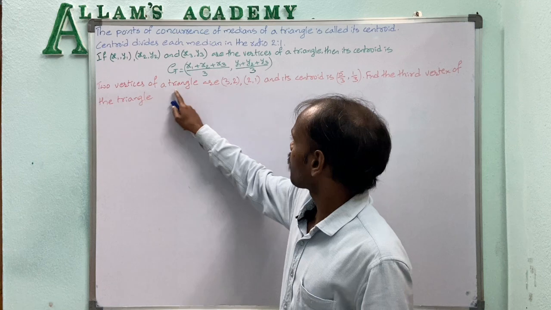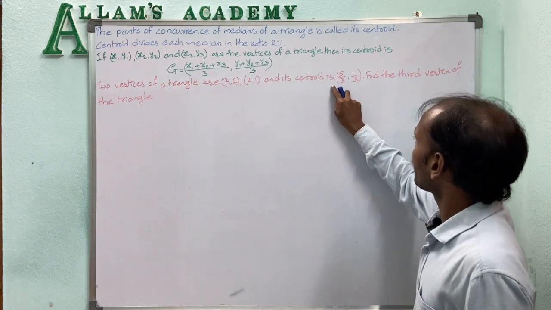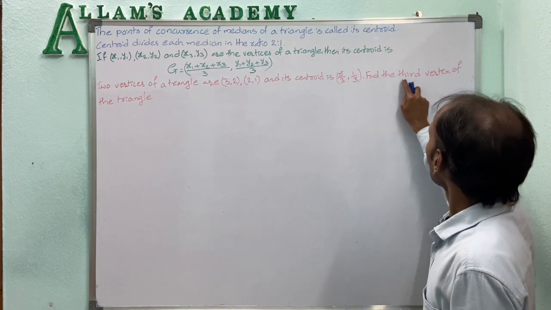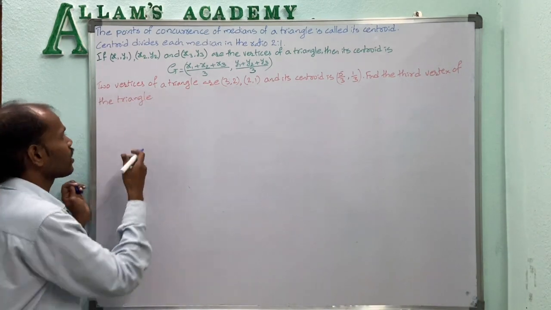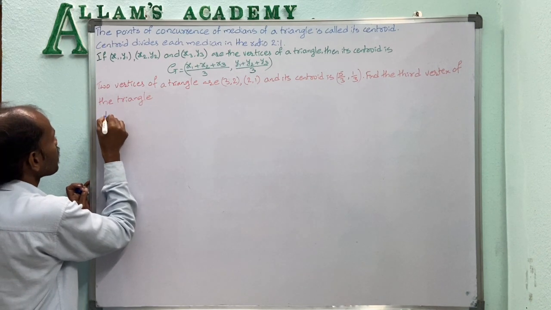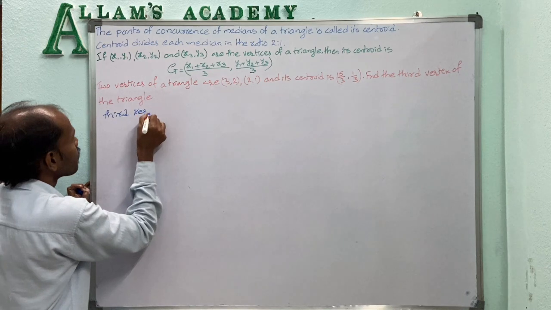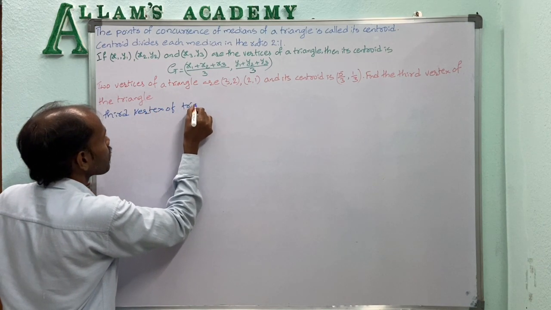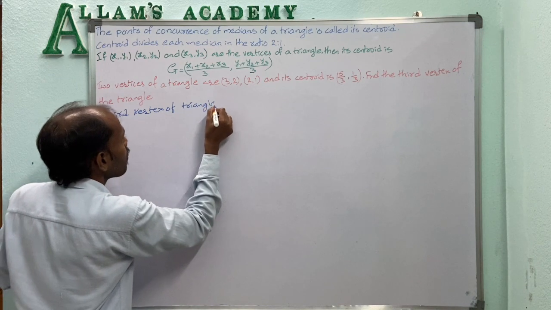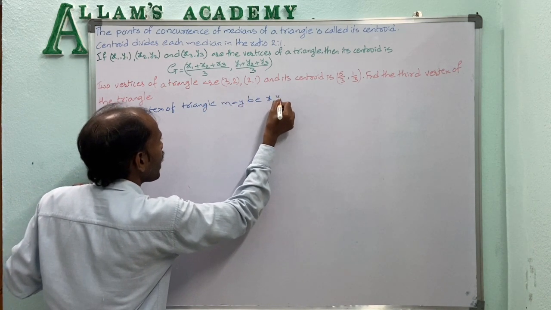Two vertices of a triangle are (3, 2), (2, 1) and its centroid is (5/3, 1/3). Find the third vertex of the triangle. So here the third vertex is not given. So the third vertex of the triangle may be taken as (x, y).